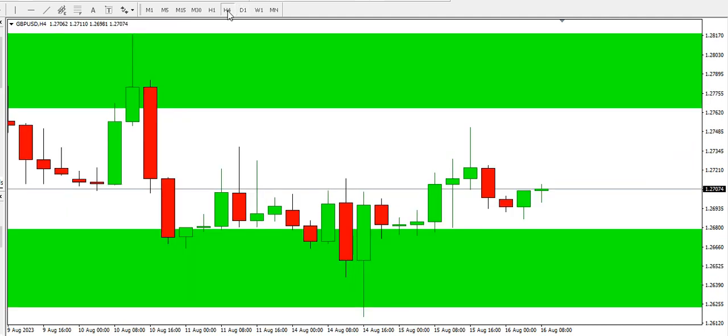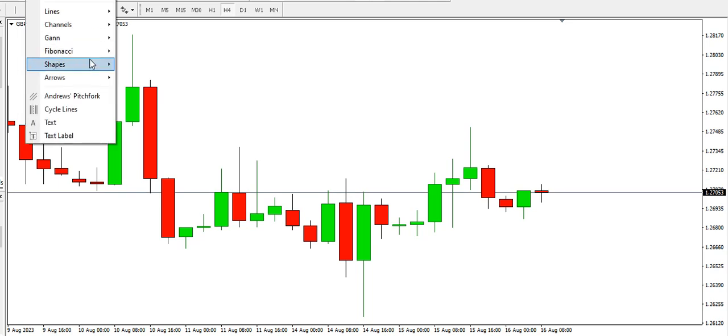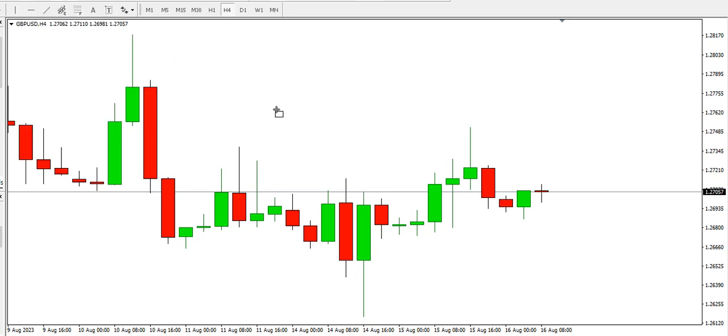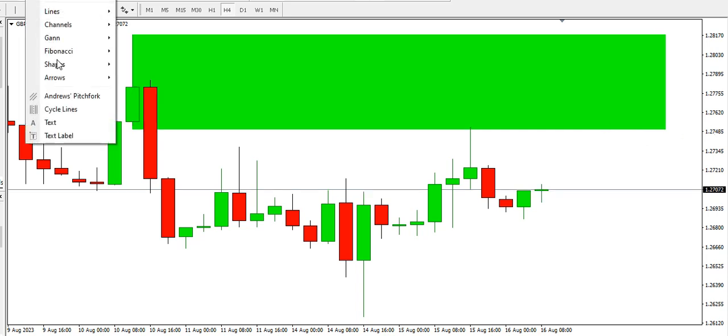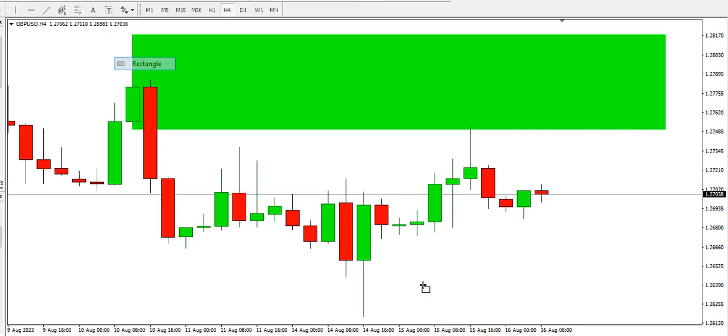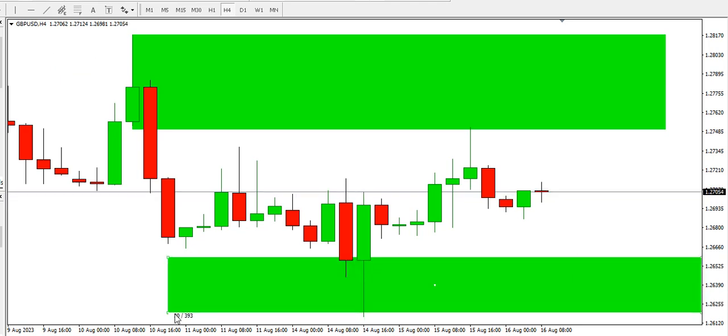It's ranging on the daily time frame. On the 4-hour time frame, it's also ranging. This is the range top, and we have the range bottom on the 4-hour time frame.